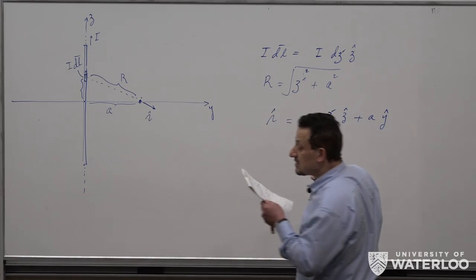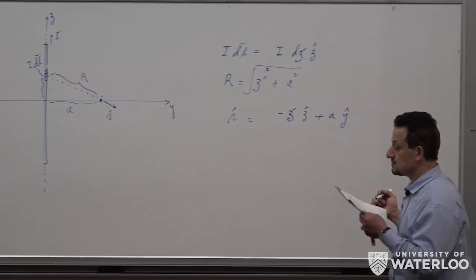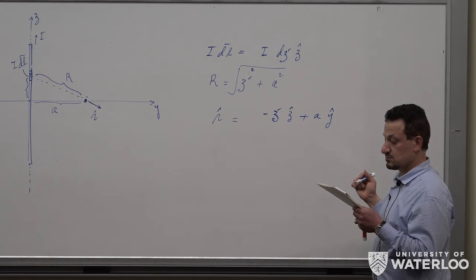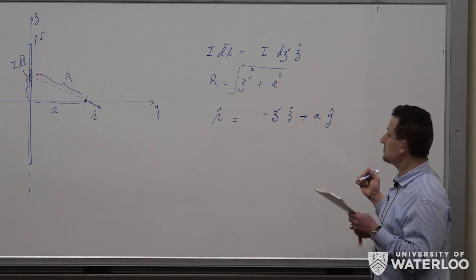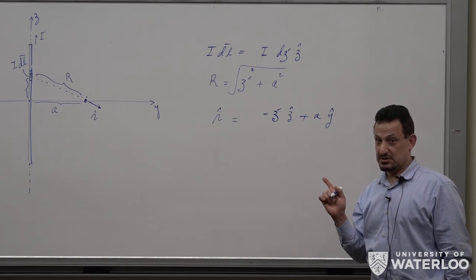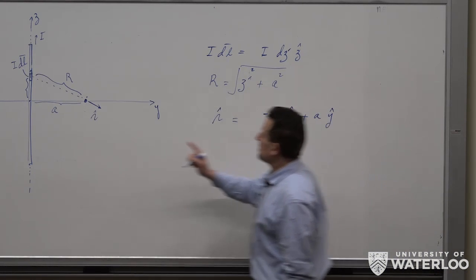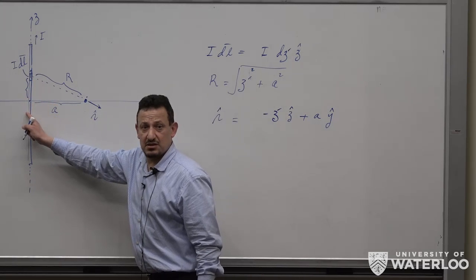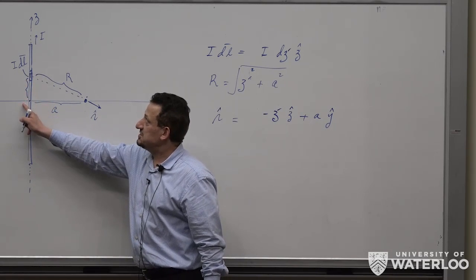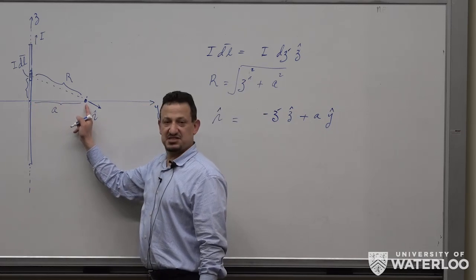Correct? Did I do it correctly? Keep me on track. So down and this way, so minus z prime plus a.